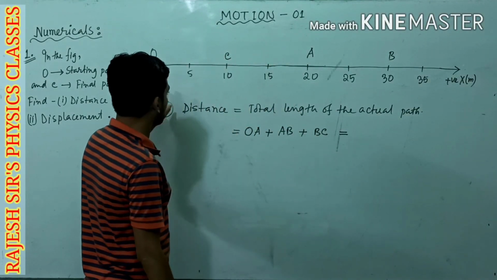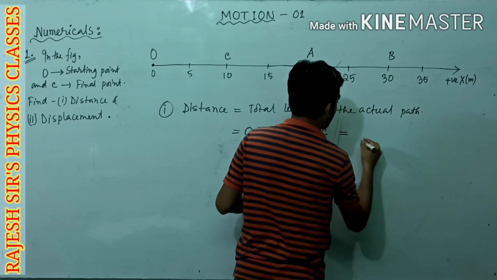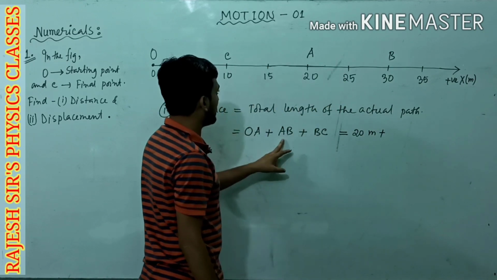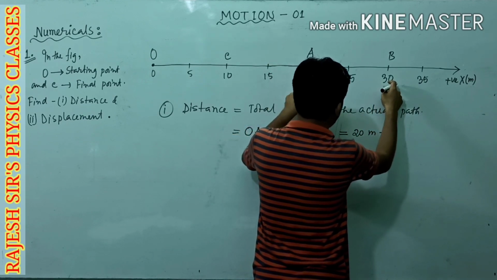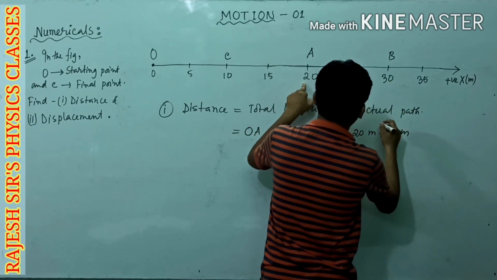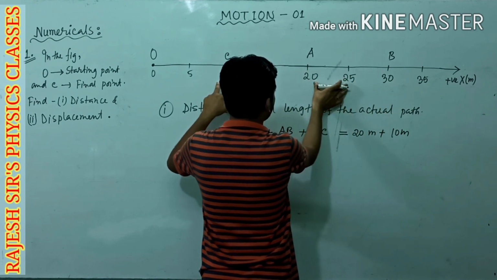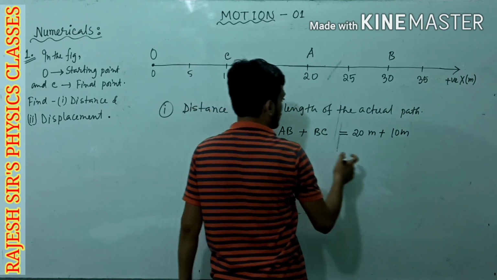Now, what is OA? OA is 20 meter. What is AB? AB will be this much. That means it is 10 meter. And what is BC? BC will be this much. It will be what? 5 plus 5, 10, 10 plus 5, 15, 15 plus 5, 20.